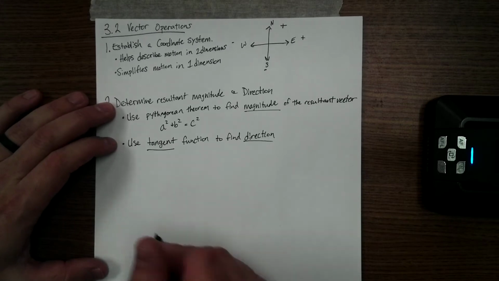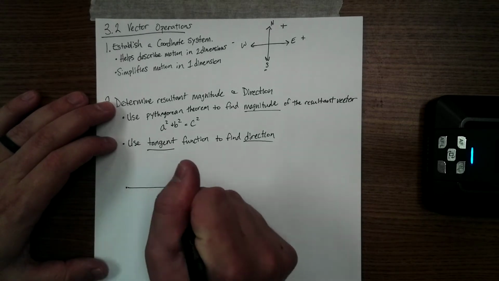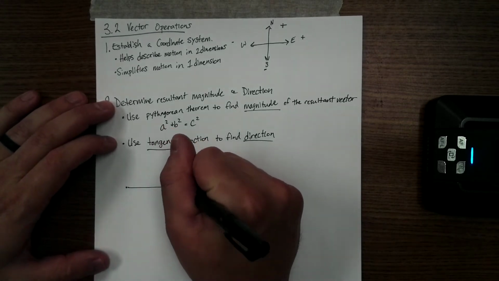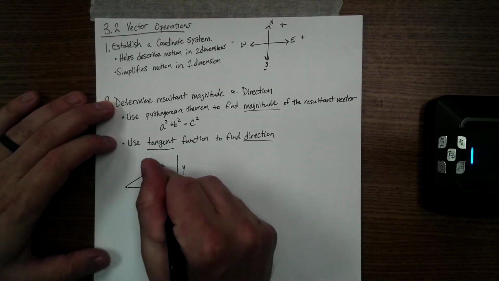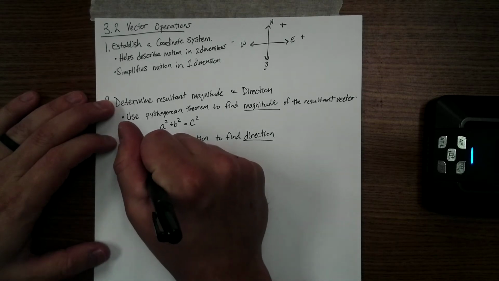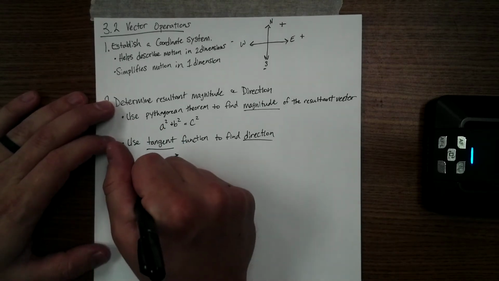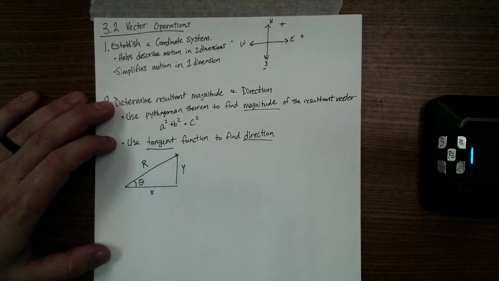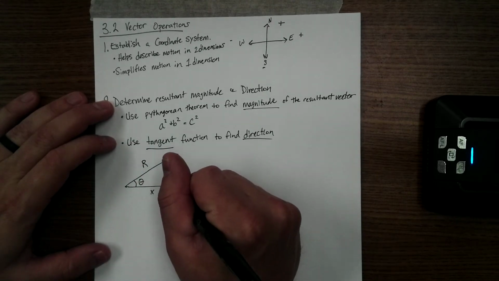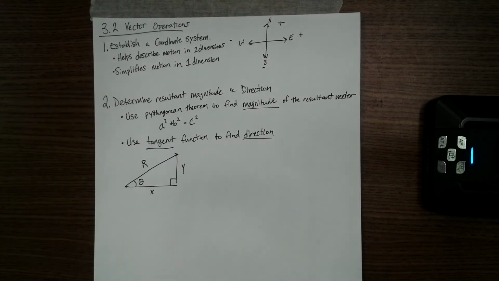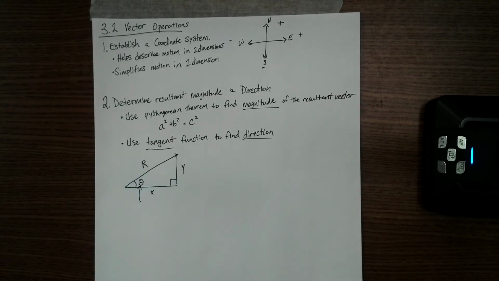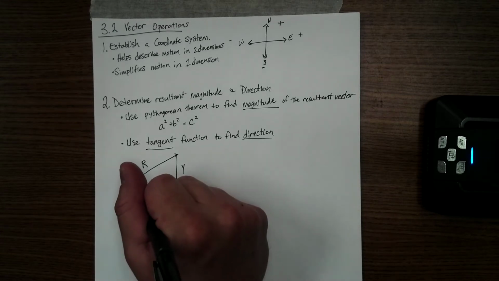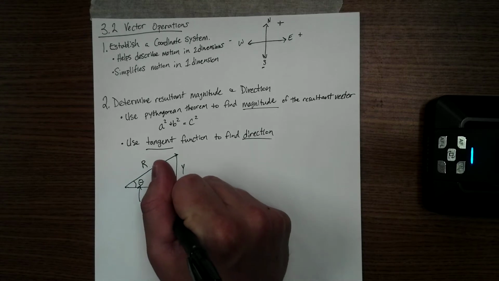So now, if we just have a simple triangle where you have an x, you have a y, and then you also have your resultant, right? Inside, you have an angle, and this is a 90-degree right triangle. This down here, this symbol, you've probably seen in geometry or trig or maybe even in some pre-calc stuff. This symbol is theta.